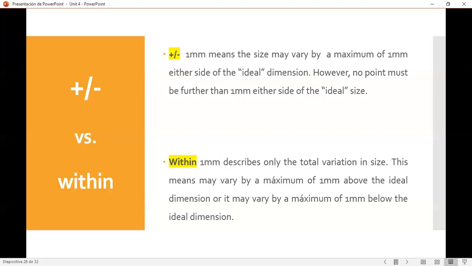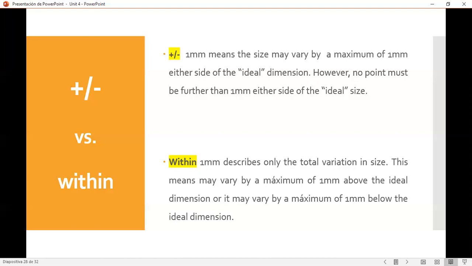Meanwhile, the plus minus gives us not the variation, but the size. It focuses more on the distance that it can grow up or grow down. Meanwhile, within talks about all the variation between the maximum and the minimum.